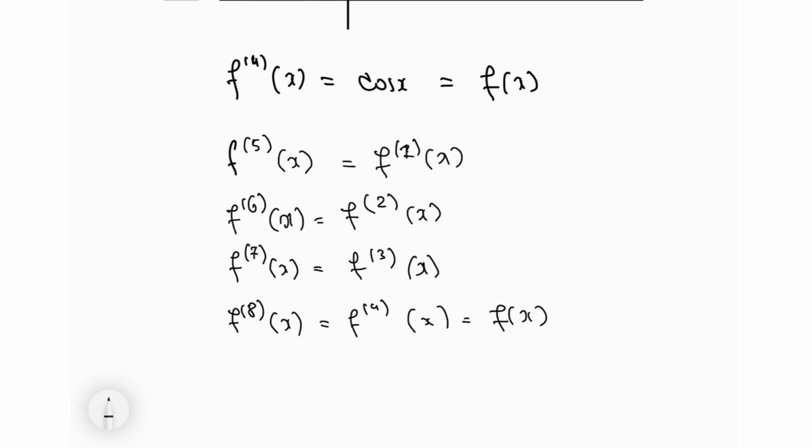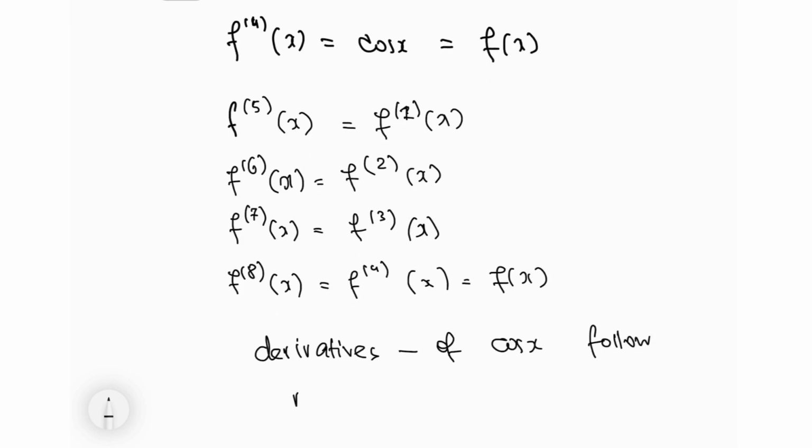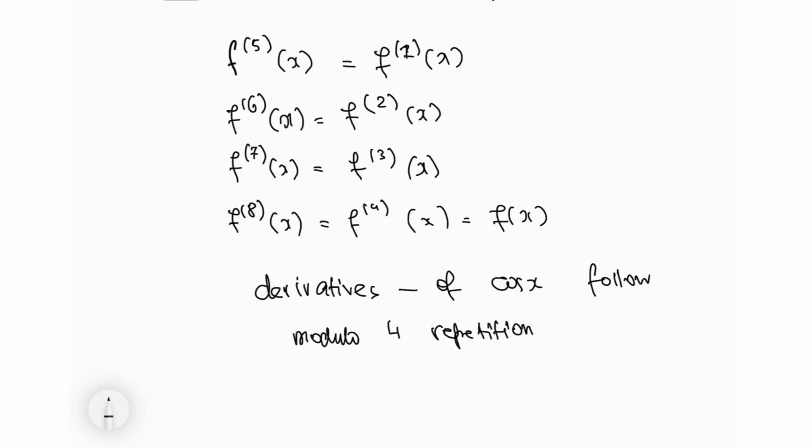That means that derivatives of cosine x follow a modulo 4 repetition. So if the order is 4n, then the 4n-th derivative is f of x.